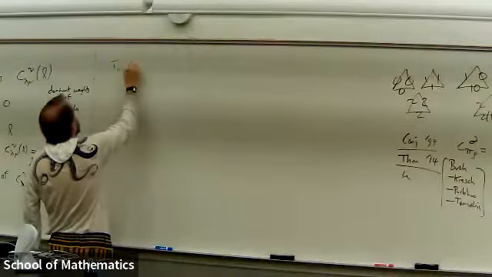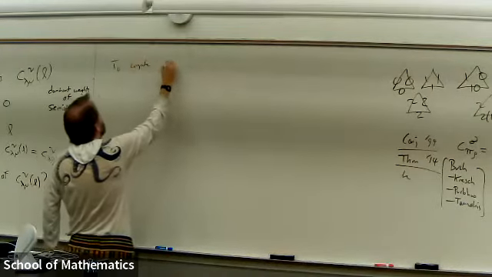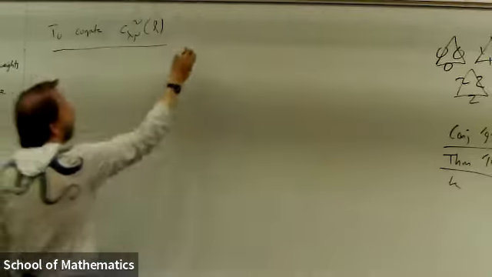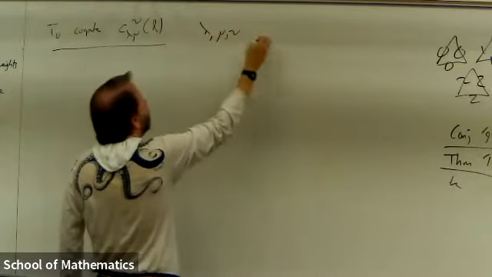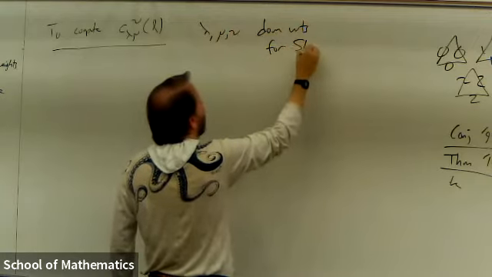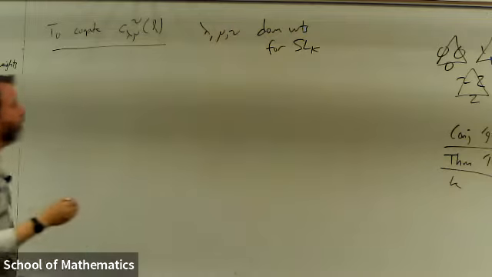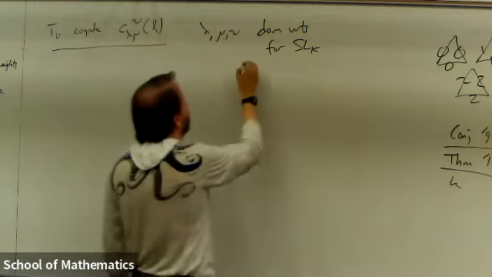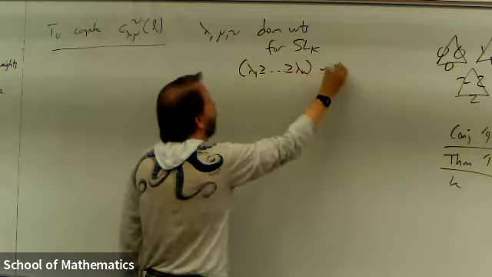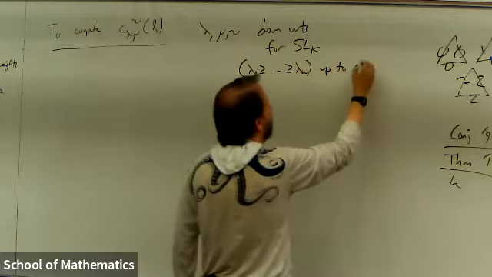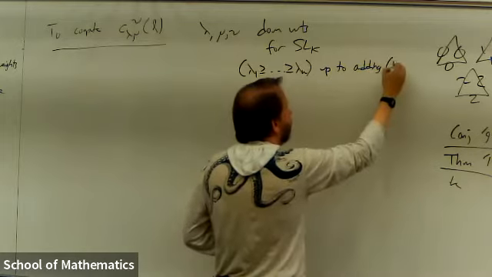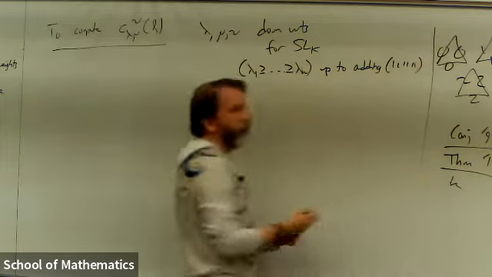So, to compute C lambda mu nu of L. Here lambda, mu and nu are dominant weights for SLK. What does that mean? It's decreasing sequences up to adding the all ones vector.